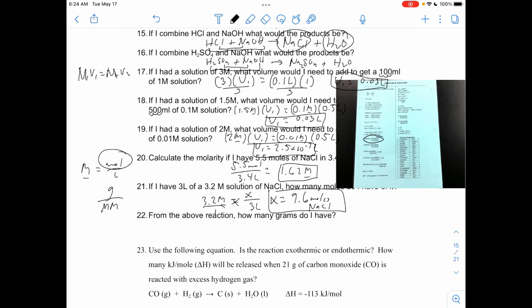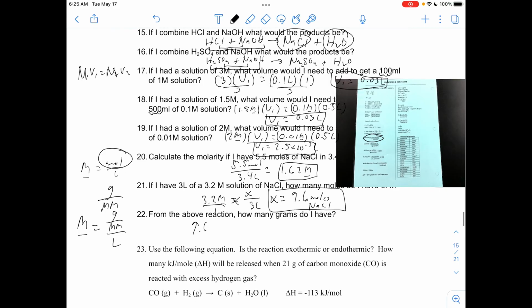So if we substitute it, grams over molar mass over liters. So if I want grams, I could plug everything back into this. The only thing I need is molar mass. However, since it's the same problem, 9.6 moles of it, I can also solve it this way.